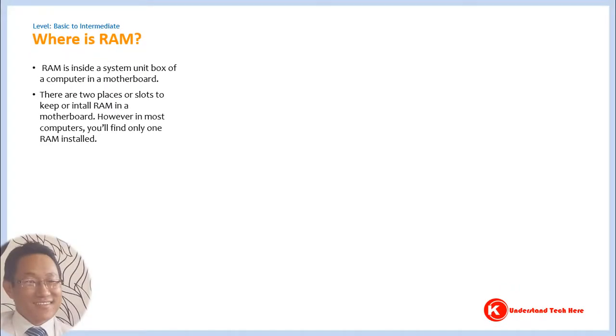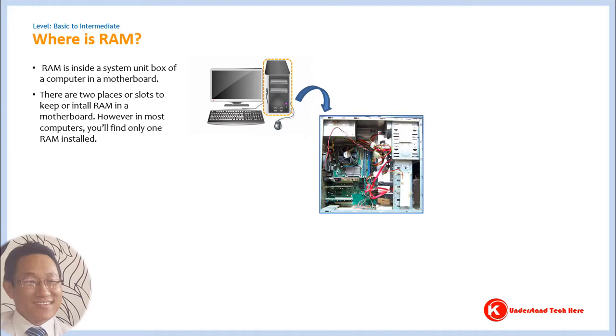Before we discuss what RAM is and what its role in a computer is, let's first discuss where it is in our computer and what it physically looks like. This is a computer with its different parts. Now, this part is a system unit box. If you open this system unit box, that's what you see. As you can see, most of the important parts of a computer are here.